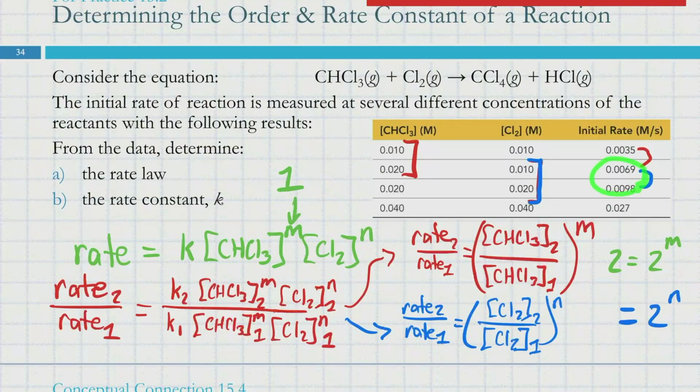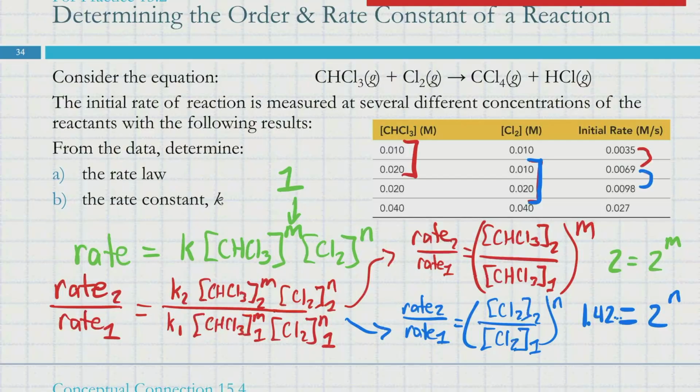The left side, we did not double, 0.0098 divided by 0.0069. Our rate went up by 1.42 and some other stuff. So it's not going to be 1 because it went down a little bit. It's not going to be 2, so it will have to be something smaller than 1.